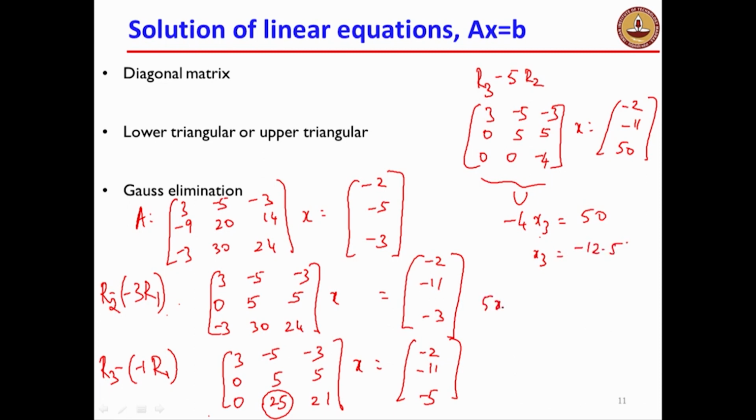So we have 5x2 plus 5x3 equal to minus 11. So I know x2 is equal to 10.3 in this case, and x1 is equal to 4.